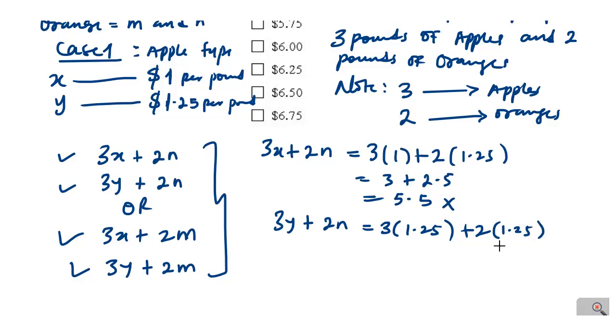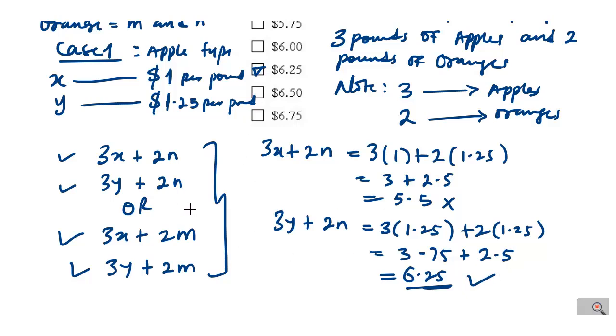So 3 times 1.25 gives us 3.75, plus 2 times 1.25, which is 2.5. So 3.75 plus 2.5 gives us 6.25. Do we have 6.25? Yes, this is captured, so I'll mark this.